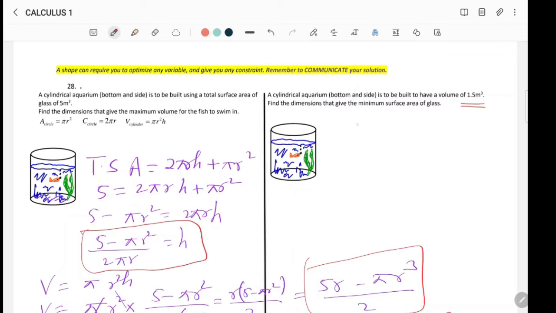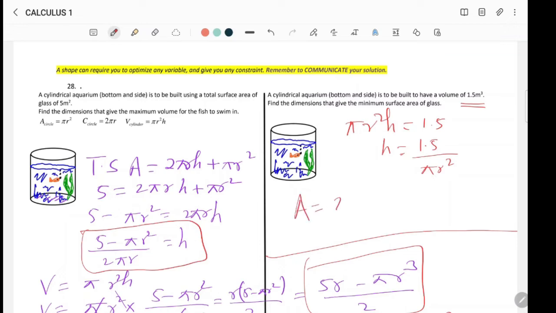So guys, volume is given to us. So pi r square h equals 1.5. Height we can find from here, 1.5 over pi r square, and the minimum surface area. So guys, area I'm considering 2 pi r h, that's the curved surface area, and bottom circle pi r square, right?